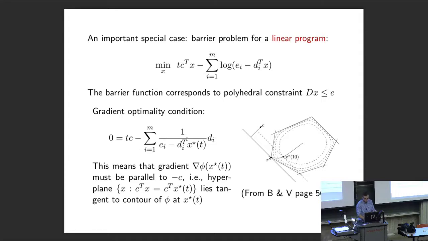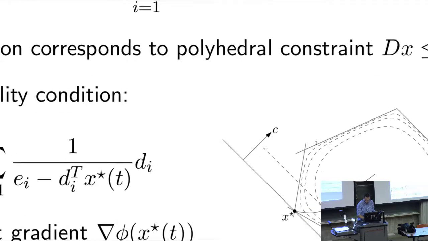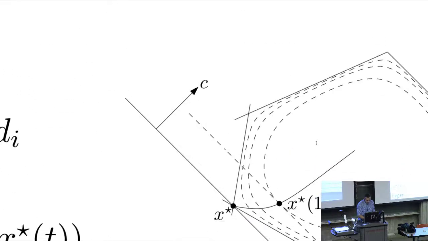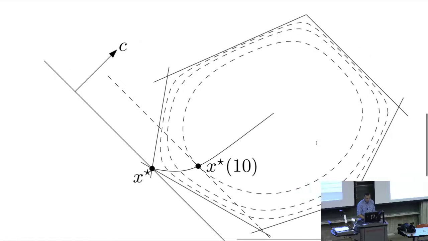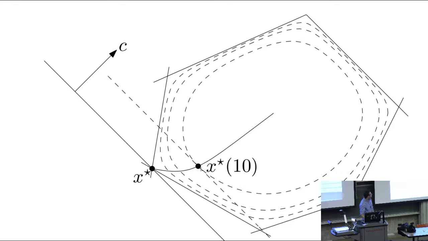So if you look at this picture, this is, let's say, the polyhedron. That's my constraint set. This polyhedron is the set of all x's for which d_i transpose x is less than or equal to e_i for all i, and the contours of the barrier function are being drawn here.